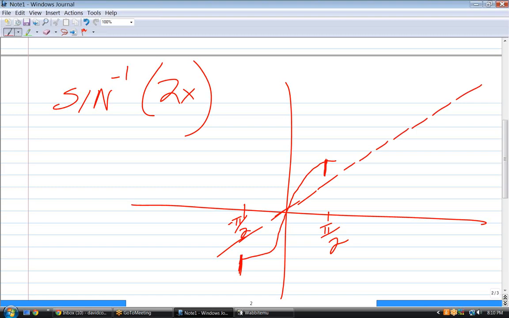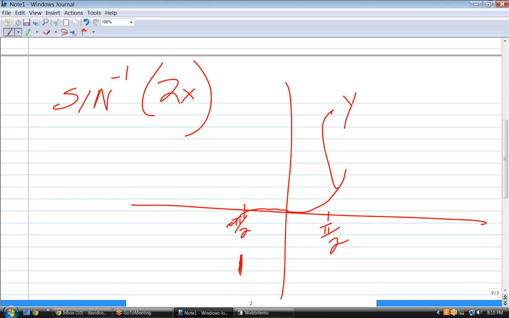What does this look like reflected? It looks like that, and like that. If I erase the imaginary line and the original function, there's my inverse function. That function is y equals inverse sine of x.